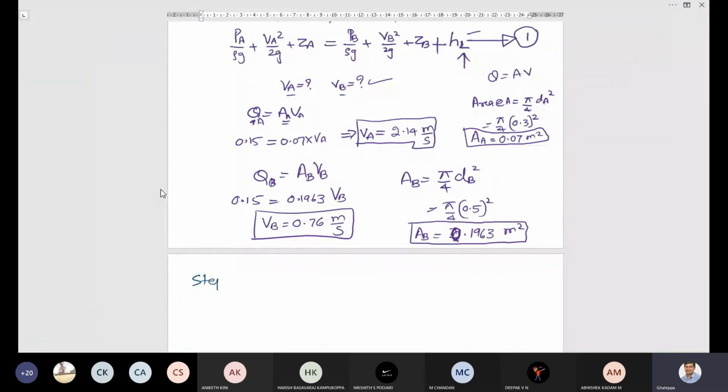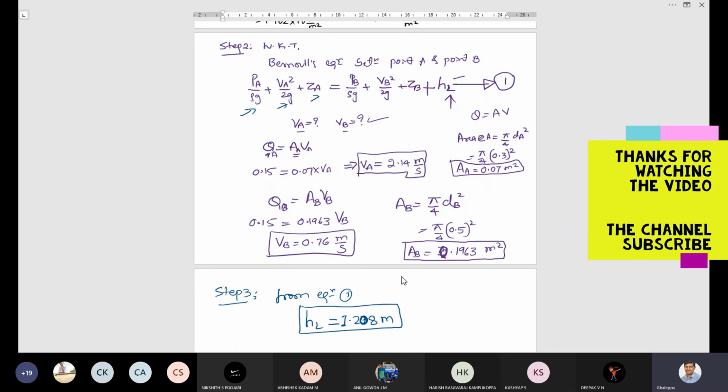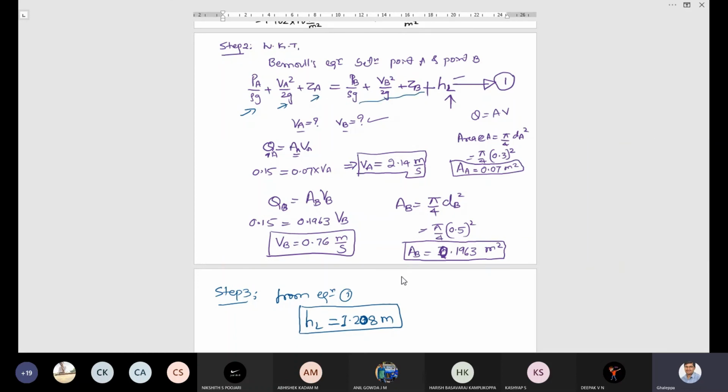So step number 3, from equation number 1, HL is equal to density, G, velocity terms, potential energy values at the inlet as well as at section B, and you calculate the head loss. That head loss we got is 1.208 meter. So this is the answer.